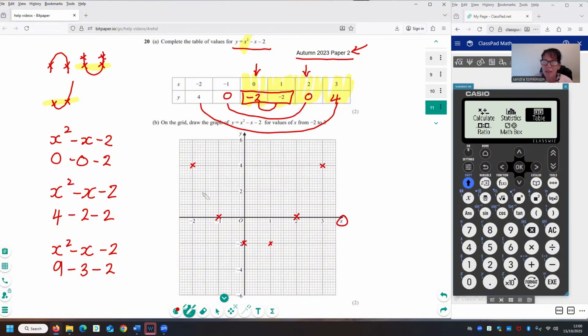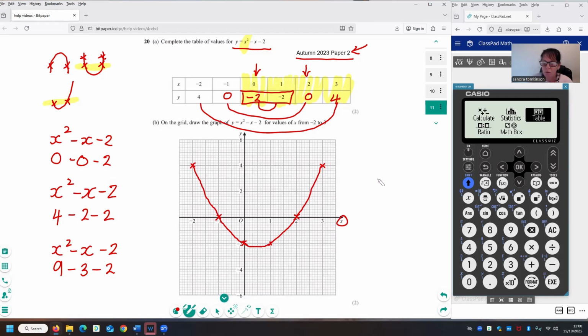Now, when we join these, you must use a hand-drawn curve. Do not use a ruler. And when you get to the bottom here, it's not flat. It must go down below. It must stay curved, so don't be tempted to flatten it out at the bottom.